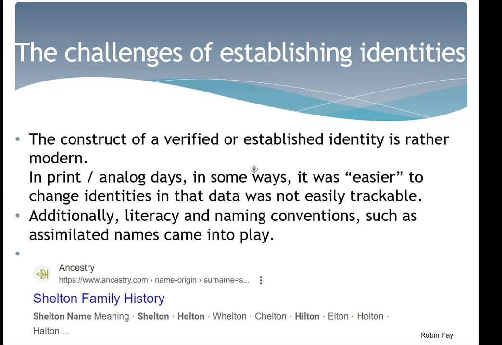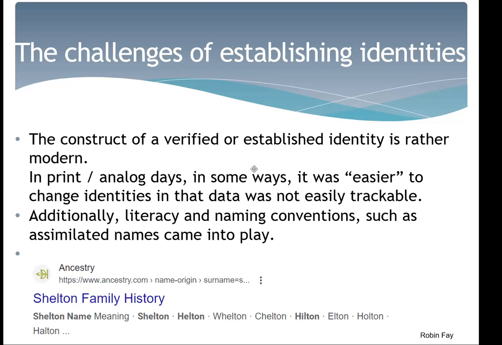And of course we haven't even talked about gender and women taking the name of their husbands and all that kind of stuff. But we have this whole long line where people have changed their names at times, and some of that does not get properly documented, especially in olden times. So when you start looking at historical resources and trying to establish or determine a person's identity, it gets very, very tricky very quickly.